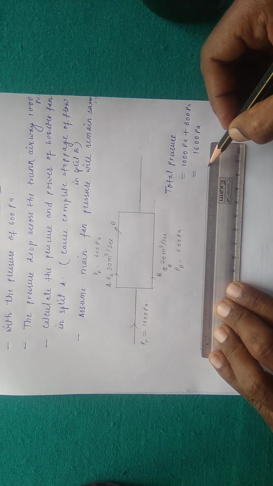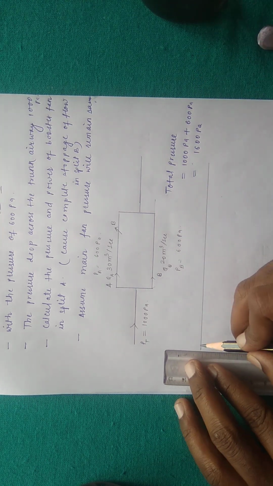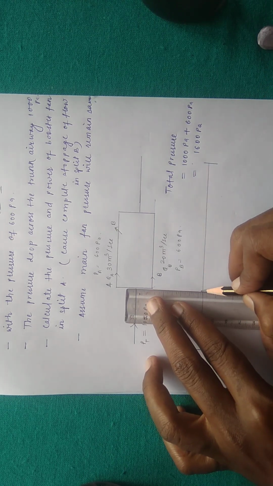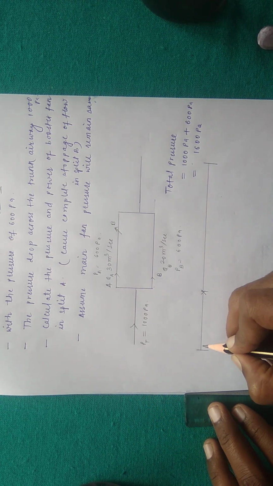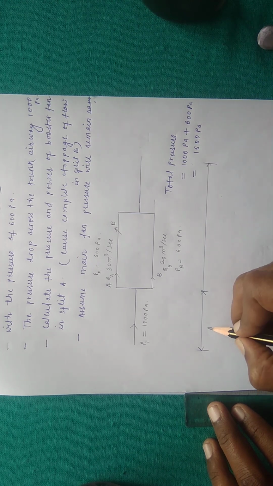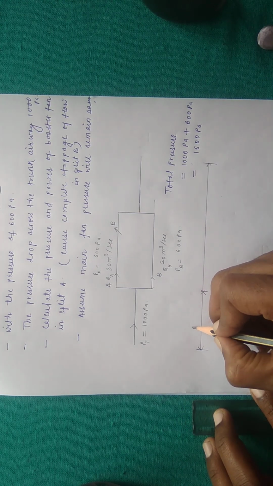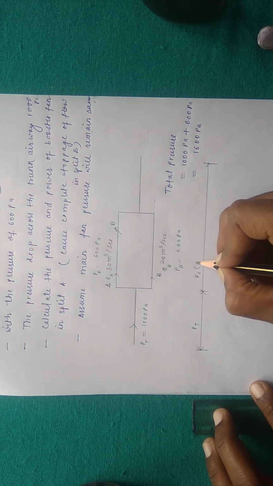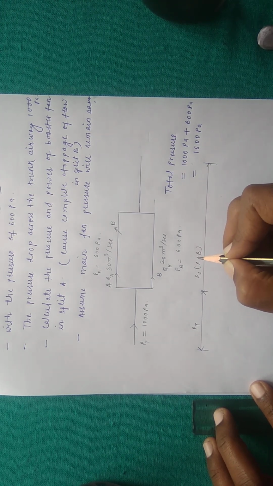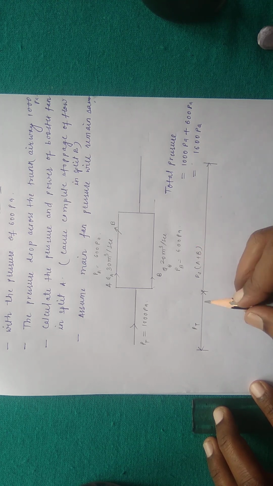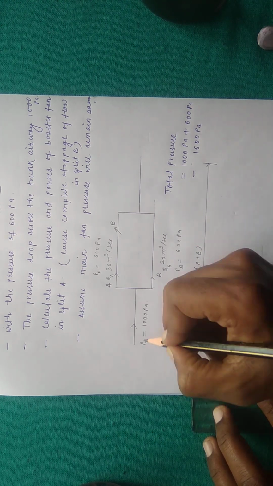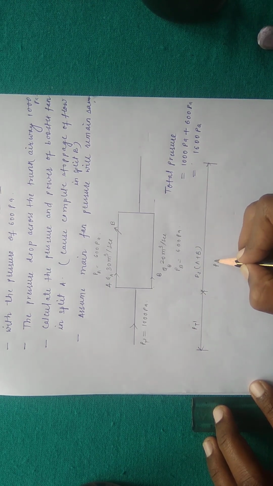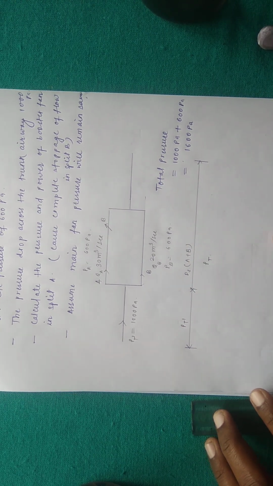We can draw this by drawing a circuit diagram. This is the trunk pressure and the pressure of splits A and B, and the trunk can be represented by P dash, and the whole is P total pressure.